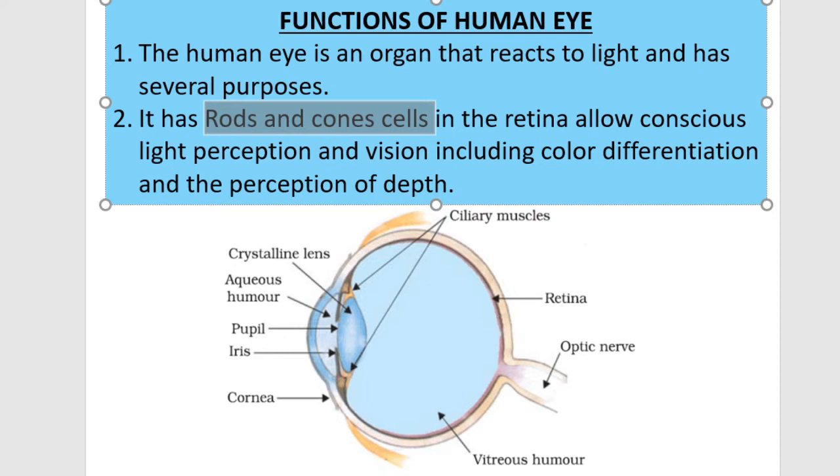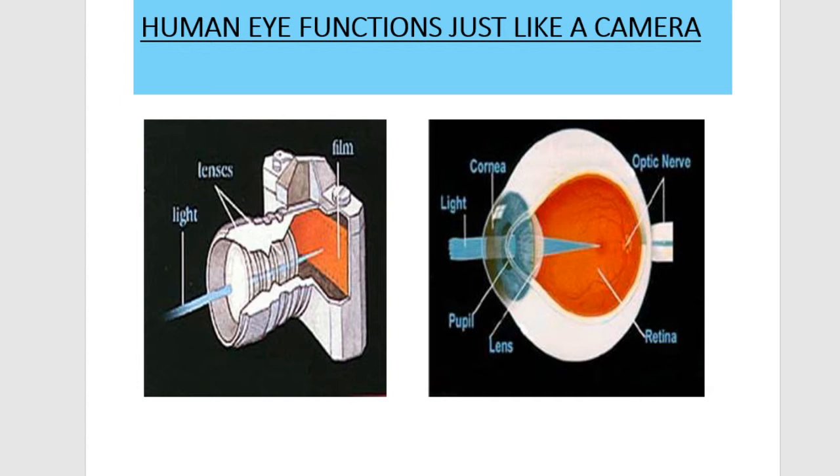Now let's move forward. Just like a camera, how do we click pictures with the help of a camera? A normal camera has a lens and a screen on which our image is formed. Our eyes function very similarly to how a camera works.